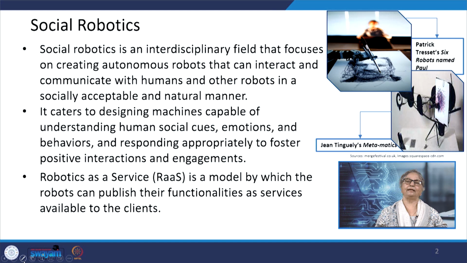It caters to designing machines which are capable of understanding human social cues, emotions, and behaviors, and can also respond appropriately to foster positive interactions and engagements. Robotics as a service, or RAS, is a model by which the robots can publish their functionalities as services available to the clients.